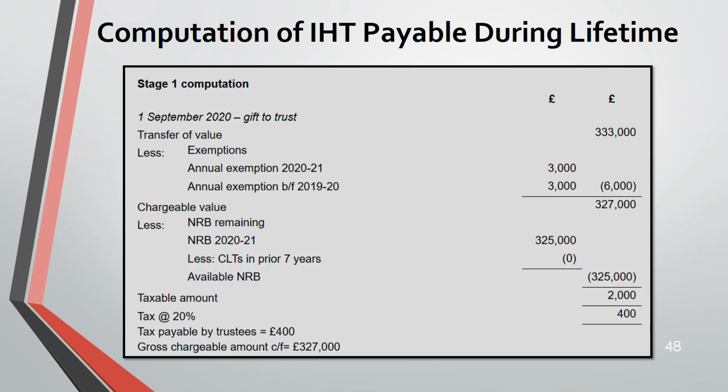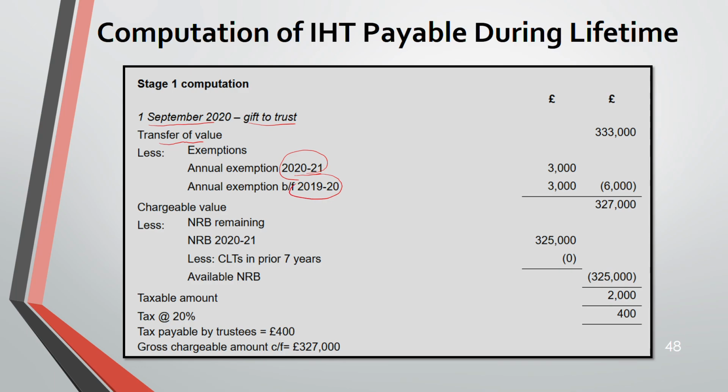So this is the answer for activity 2. Always start with the date, which date you're writing, and who the gift is to. Then for any question we always start with the transfer of value, which is given in the question. Then first you deduct the current year exemption. It's always by the tax year. And then the previous tax year brought forward exemption if it's applicable. Also see whether it's applicable or not.